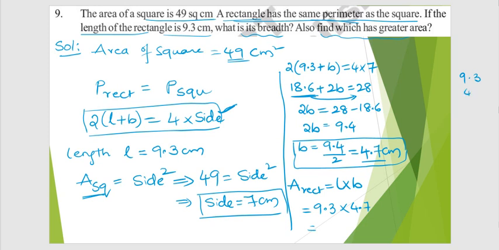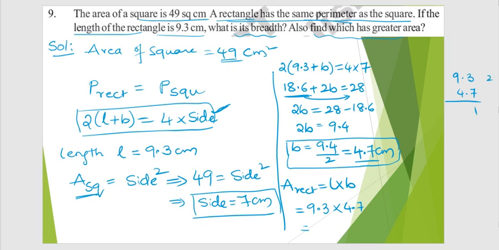So 9.3 into 4.7. So 7 3s are 21. So 2 is left. So 9 7s are 63. So 63 plus 2, 65. 5. The same way with 4. So 4 3s are 12. So while writing, we will be leaving one place, right? So 4 3s are 12.